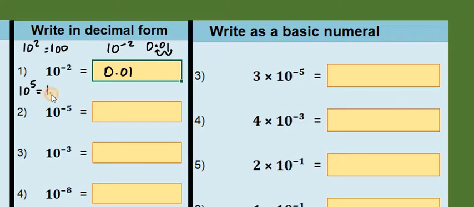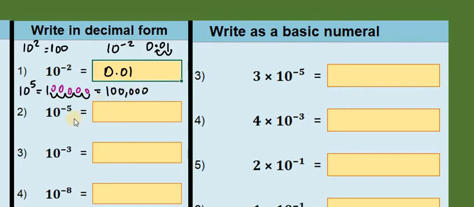We start with 1, and we're going to move the decimal point 5 places to the right. 1, 2, 3, 4, 5. And then we'll insert some zeros. And so we're seeing that this will be 1, and we have how many zeros? 1, 2, 3, 4, 5. 5 zeros. That's another way to look at it.